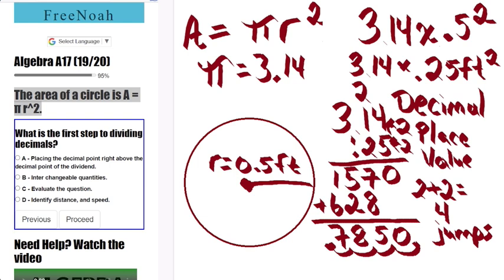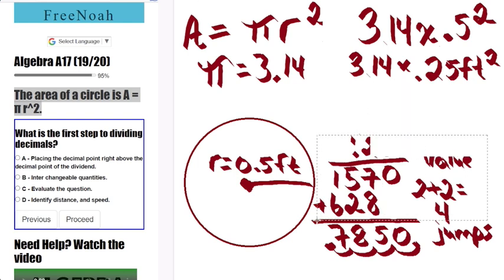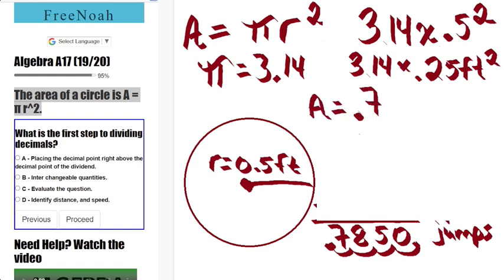Let's clean this up a little. Our total product after we multiply 3.14 by 0.25 is 0.785 feet squared.